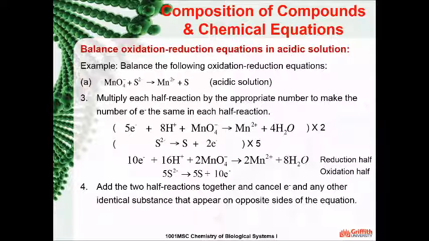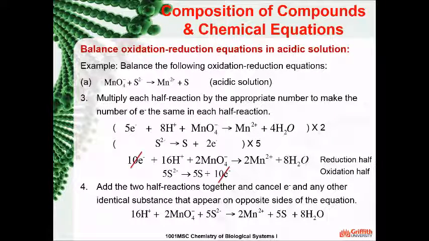The last step in balancing the redox equation is to add the 2 half reactions together and cancel the electrons and any other identical substances that appear on opposite sides of the equation. Electrons are common on each side, so we can cancel them out. There are no other identical substances, so we can add both halves together now.